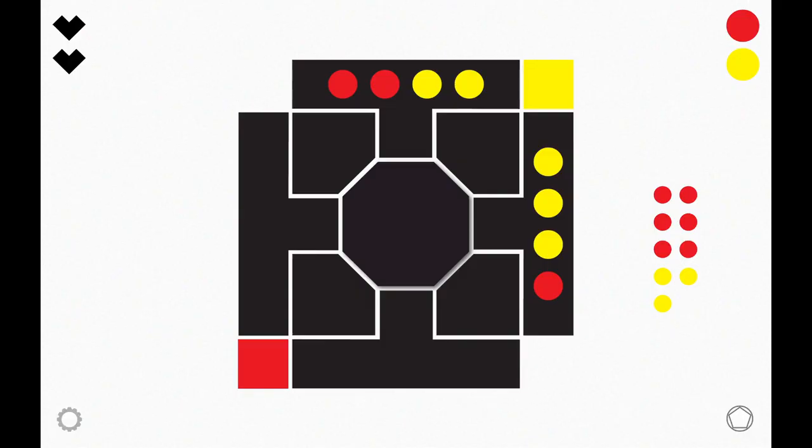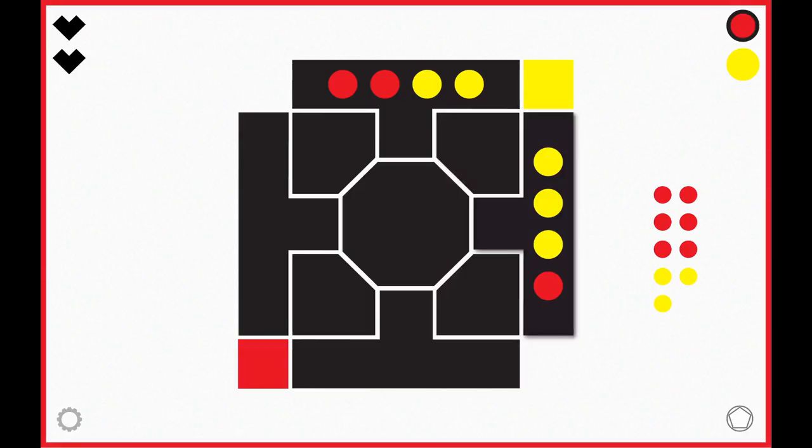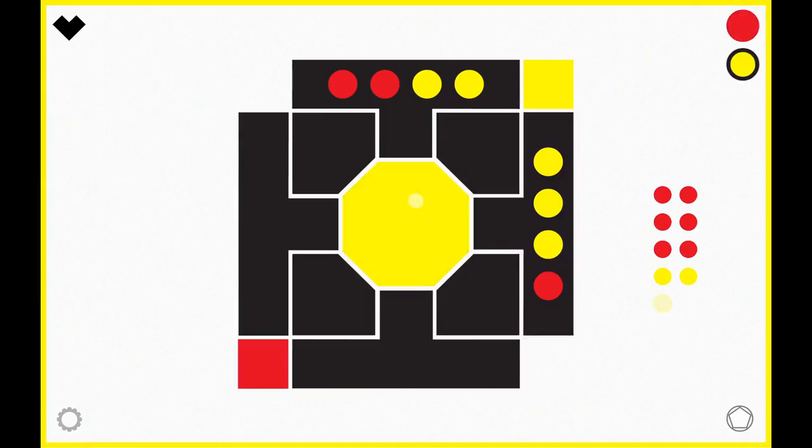This would be 2. But then it would have to be this one. So maybe that's not right. It could be red, and then these 2 are yellow. I think this one's red. Oh, okay, it's yellow. Never mind.